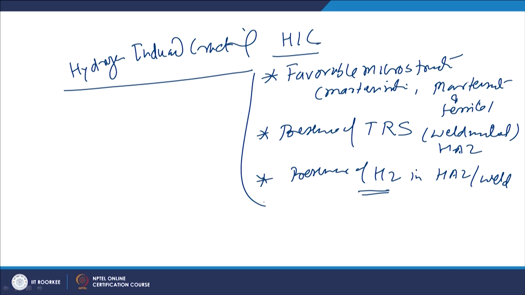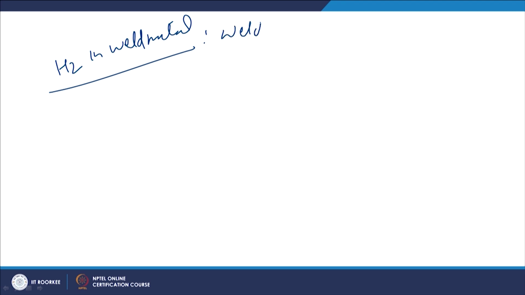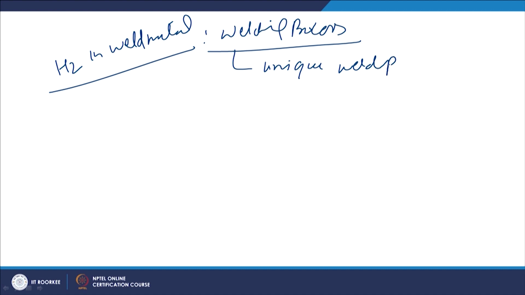So, where will the hydrogen in the weld metal come from? We know that different fusion welding processes are there. Each welding process offers a unique level of weld protection, or the degree of protection is different, which is associated with each process.